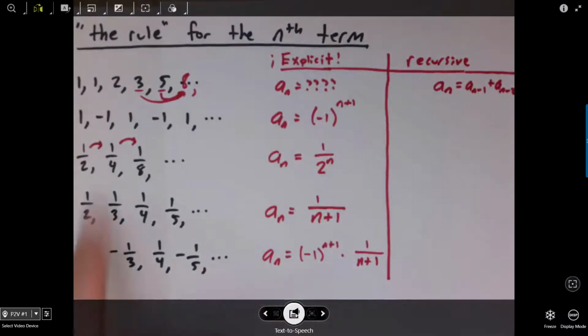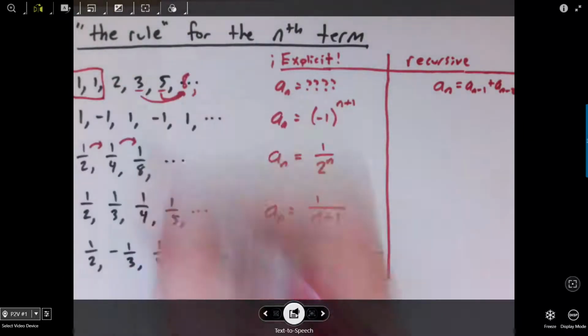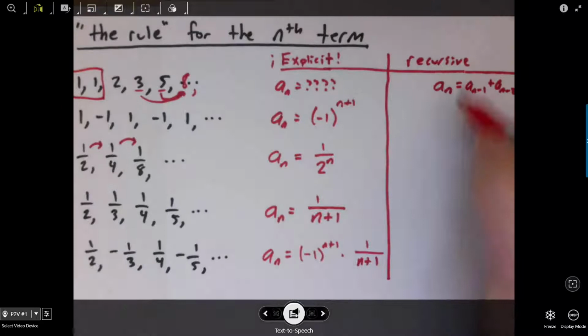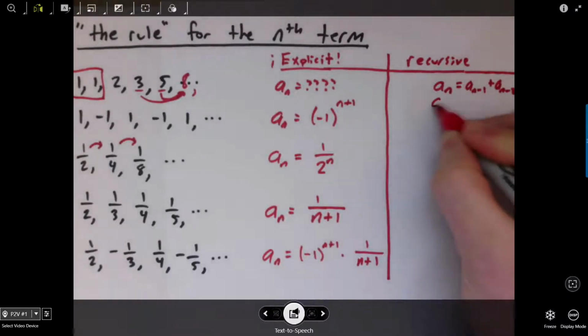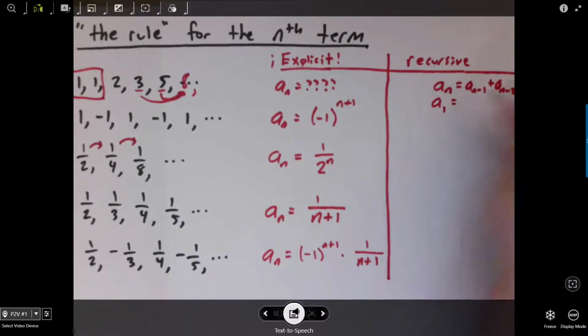And so where your sequence starts, for us, is these first two. So if you're defining a recursive definition, you usually want to define a couple of small values where you just tell it the values. So here, a subscript 1 is 1, and a subscript 2 is also 1.